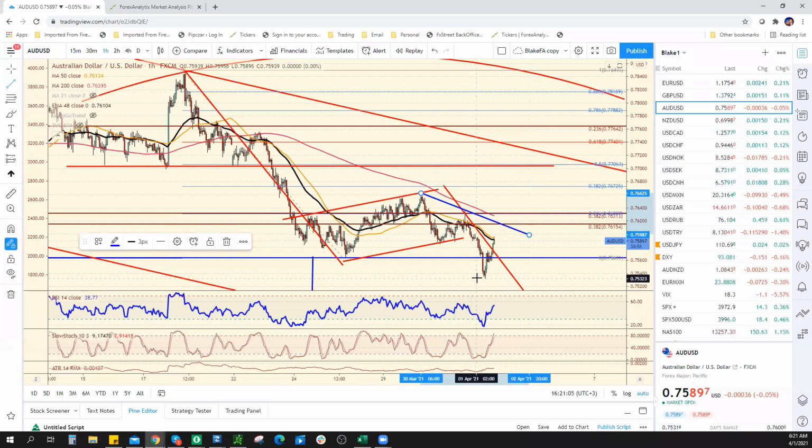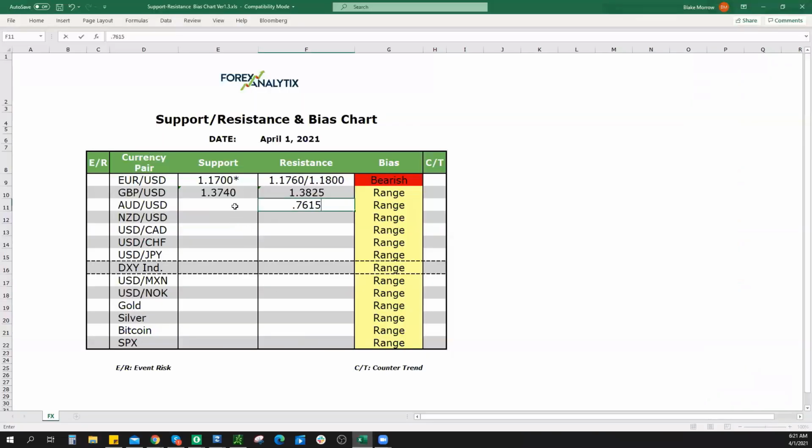Now let's not ignore the fact that we are making lower lows. False breakdown or no false breakdown, right? We are making lower lows. So 75.30 is support. And we have to designate that bearish.